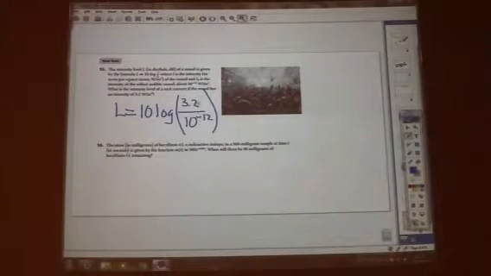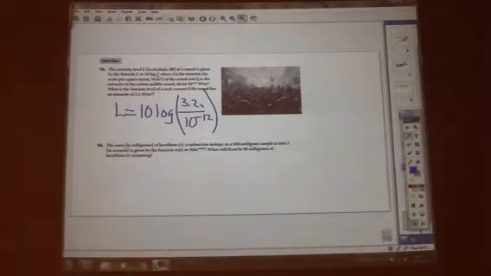So what we would do is find this and then find the log of it and then multiply that by 10 to get the intensity level of the rock concert. So put that in your calculator.